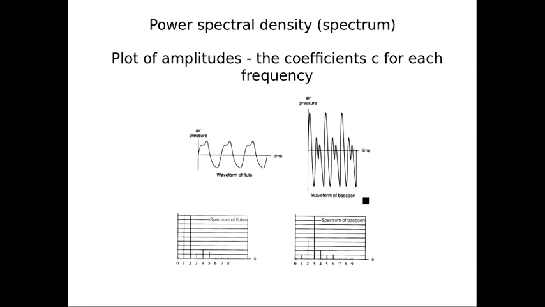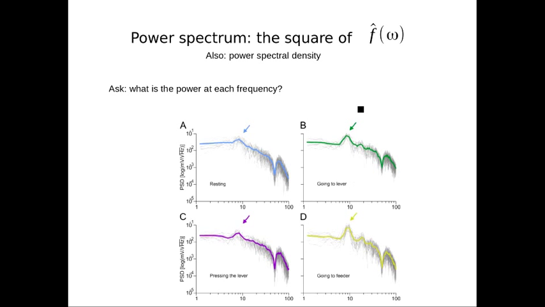In contrast, this is the waveform of a bassoon, which has a more rich sound, and the spectrum reflects that in that there's more high frequency components and the power is much more evenly distributed.